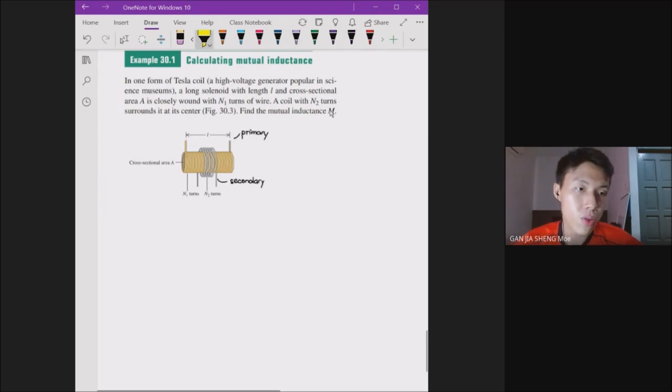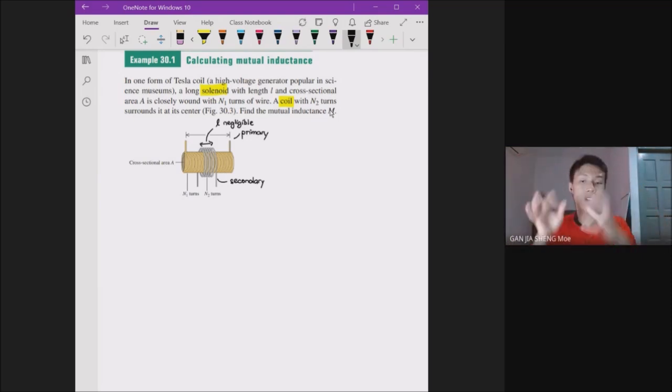The secondary they call a coil, but the primary they call a solenoid. So this secondary coil's length is negligible. You don't need to think of it like a solenoid, you think of it as a circular coil, all compressed together on one circle. It's not like a cylindrical shape, it's like a circle. It's a 2D flat coil of wire, for the secondary coil.